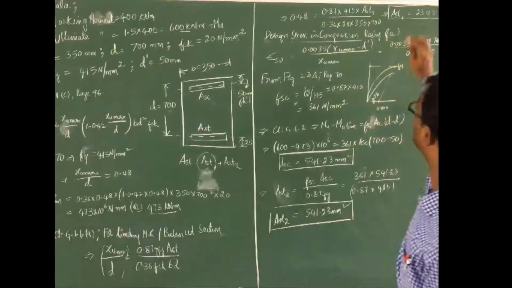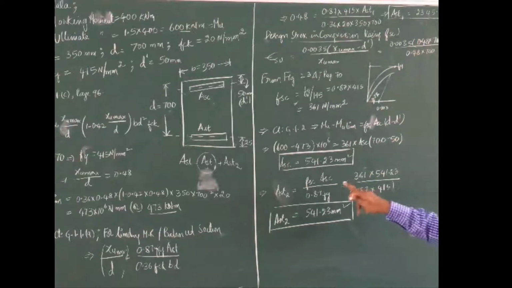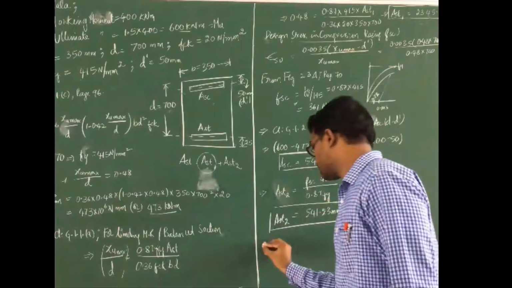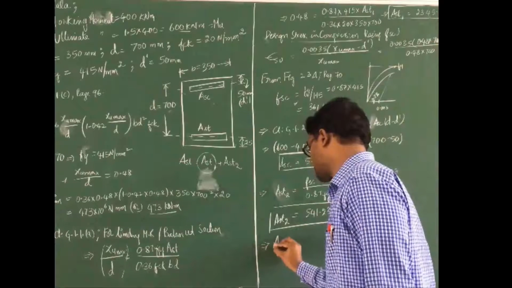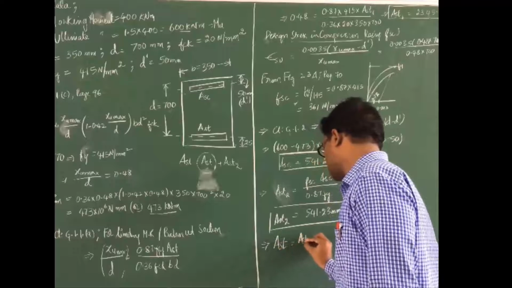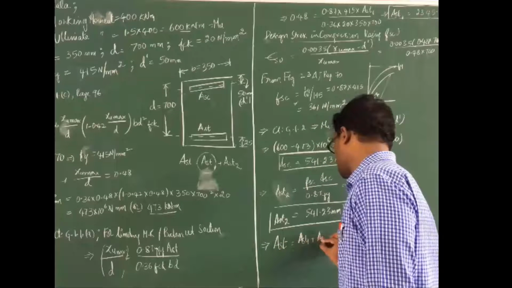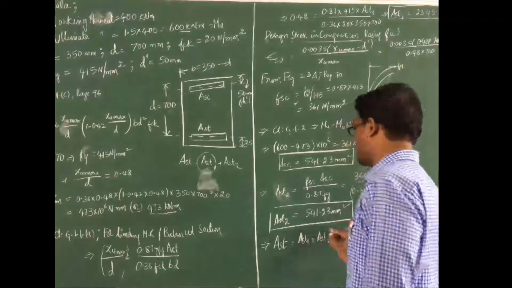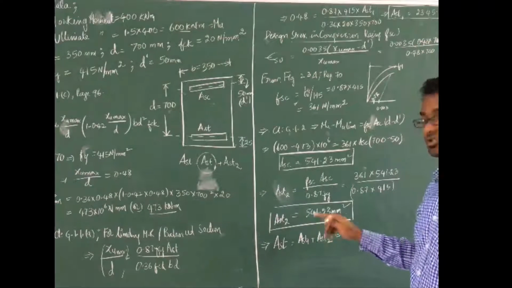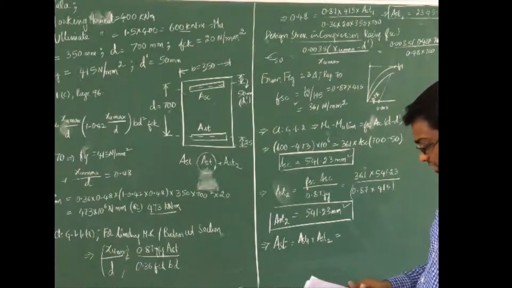Now you have calculated AST1, AST2 and ASC. So total AST is given as AST1 plus AST2. AST1 is 2345.16, AST2 is 541.23.